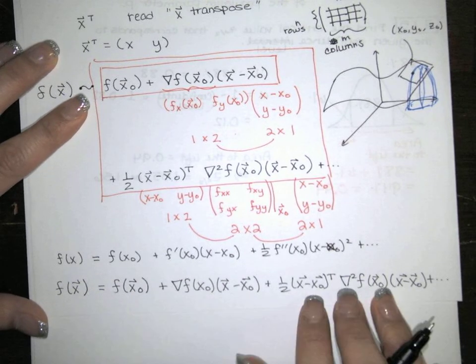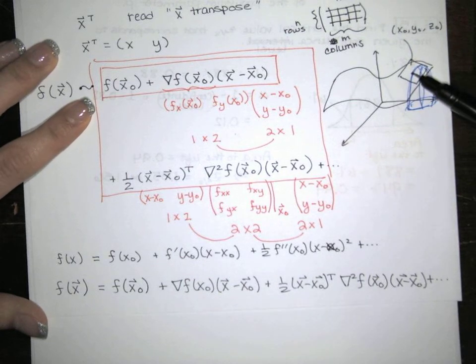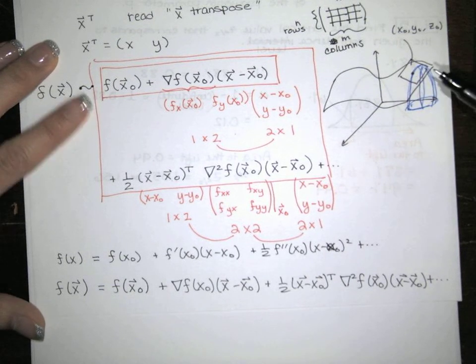And when I put all of these pieces together, I get a best fit elliptic paraboloid. So this elliptic paraboloid has the same function value at x equals x naught. It has the same gradient at x equals x naught as the original surface, and it also has the same Hessian. It has the same matrix of second partials as the original surface.